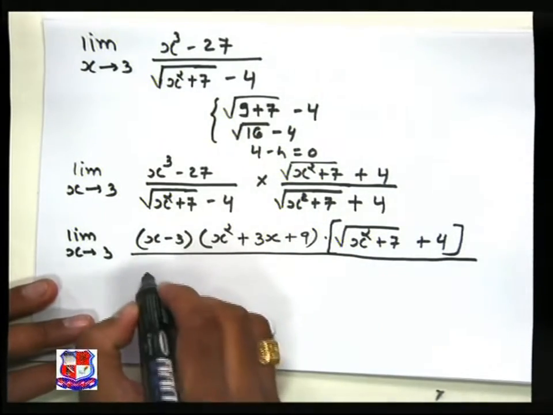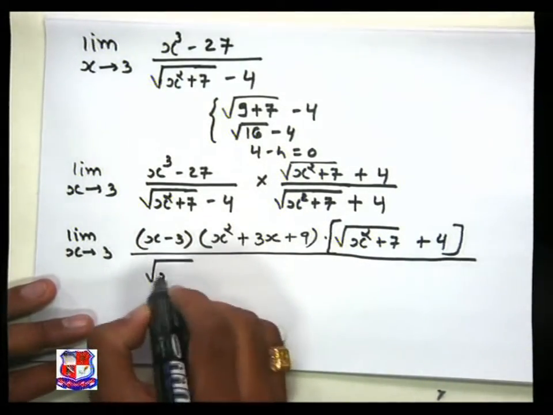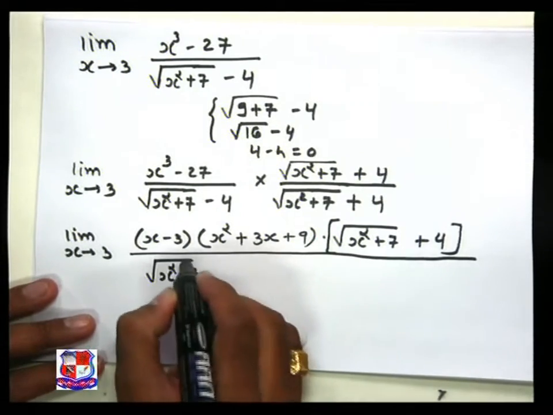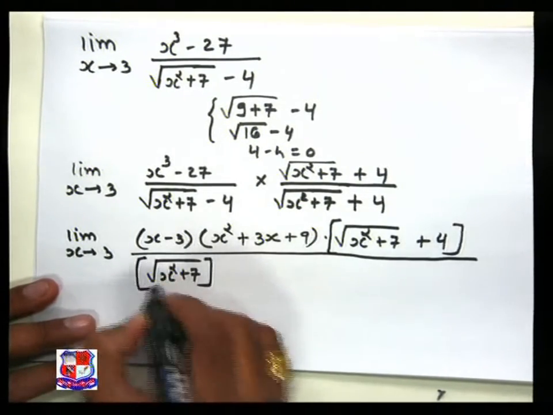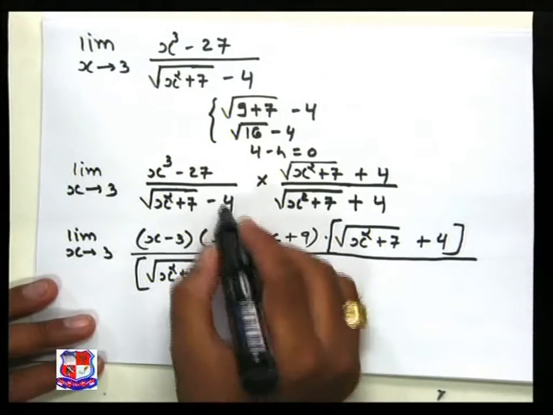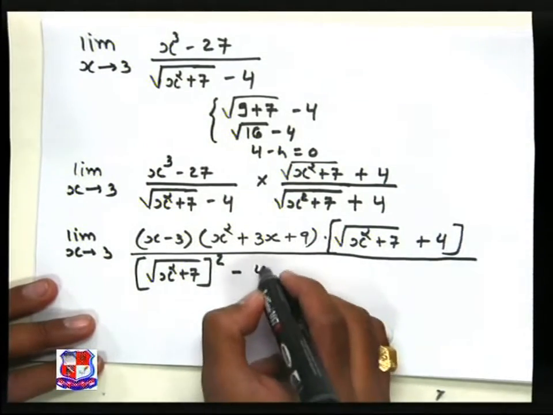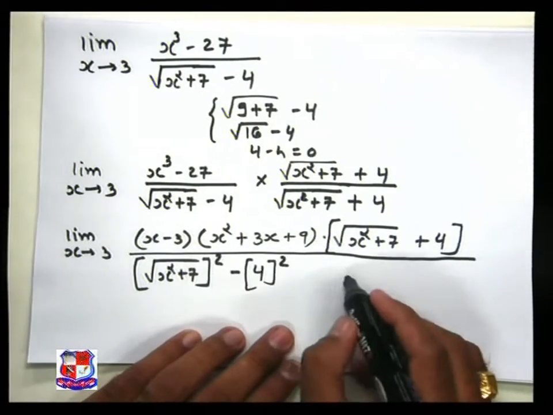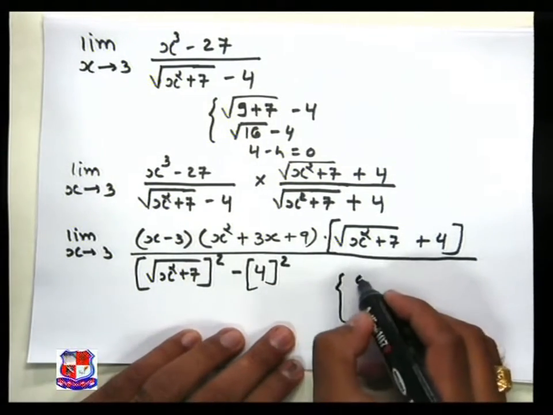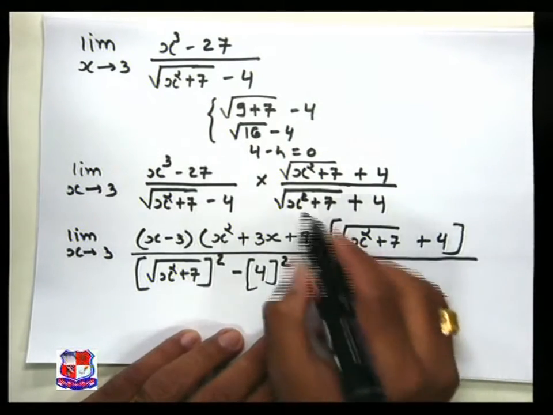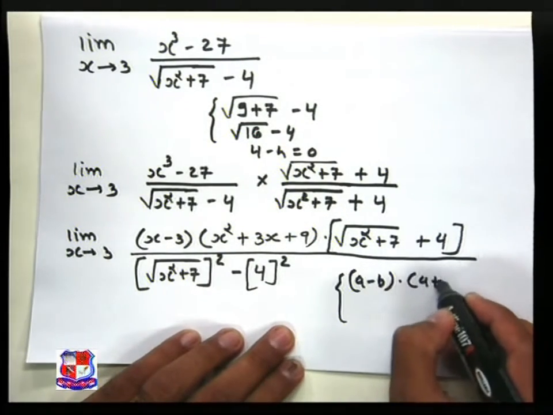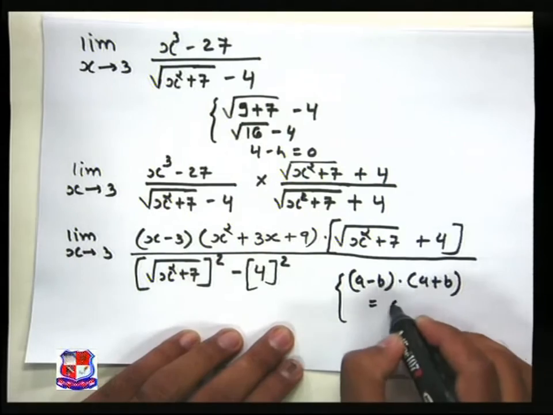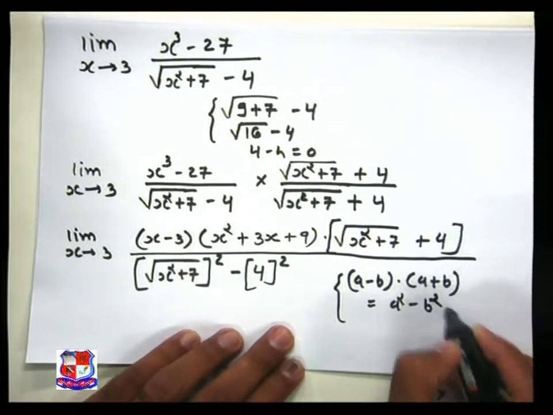So our simplification, that is under root of x square plus 7 is a square, and b is nothing but 4, so 4 square. We write here this is nothing but a minus b multiplied with a plus b, and the result is a square minus b square.